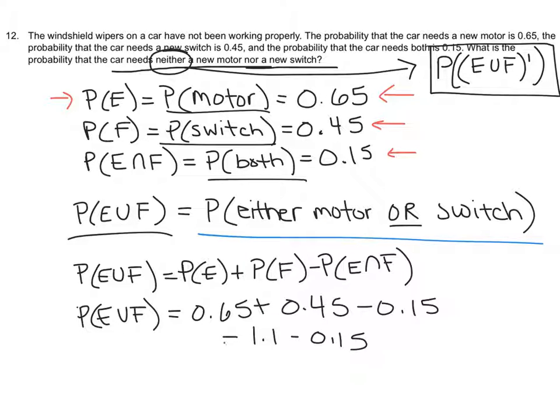And then 1.1 minus 0.15 is 0.95. And again, this is the probability of either a motor or a switch.